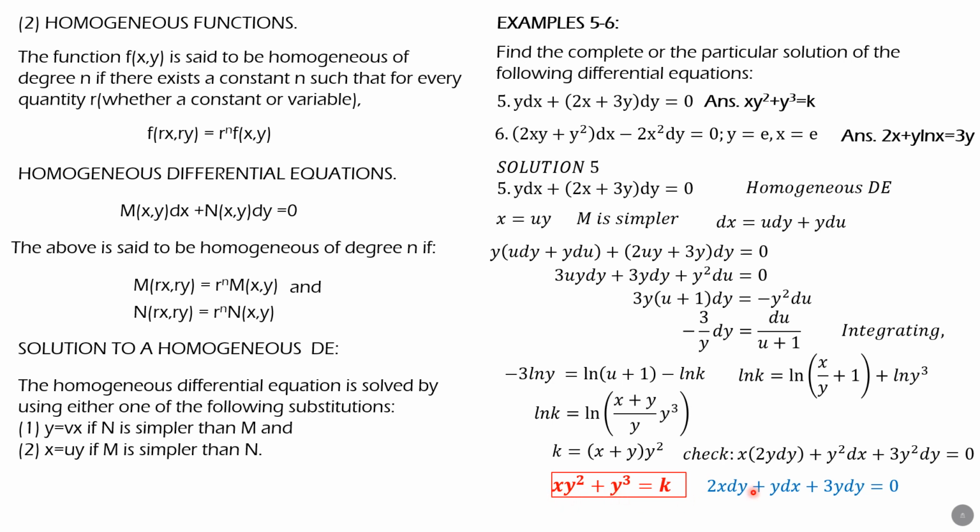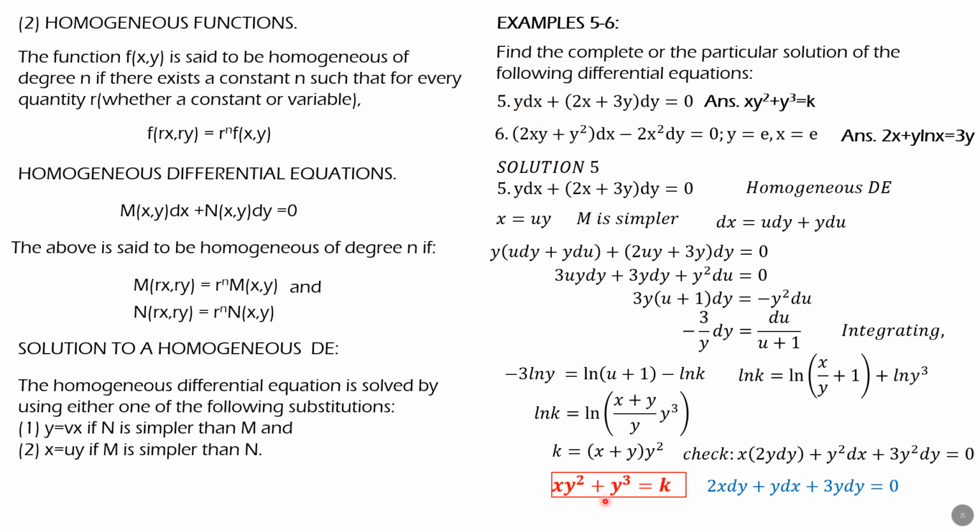If we divide everything by y, it reduces to x times 2y dy, so 2x dy, which is this, then plus y squared dx. When we divide by y, it is just y dx, which is present.